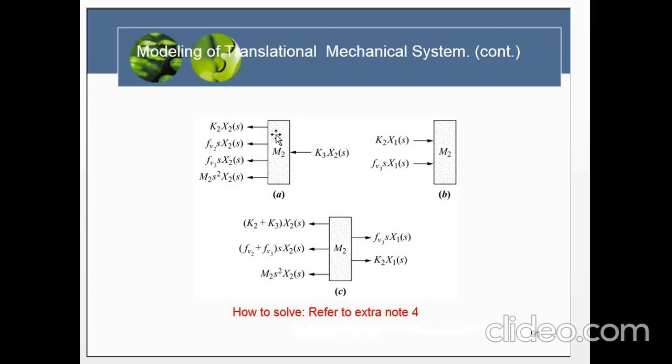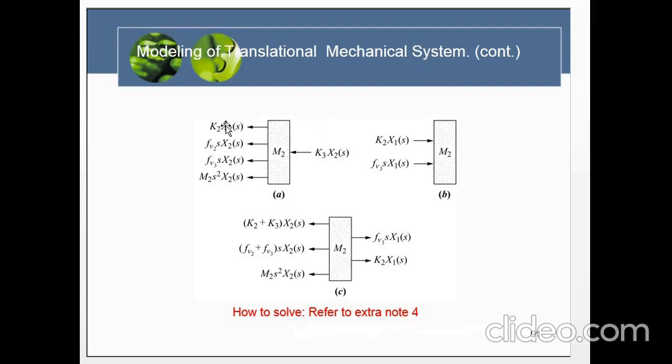It is the first condition. We don't look at spring 2 and damper component 3.